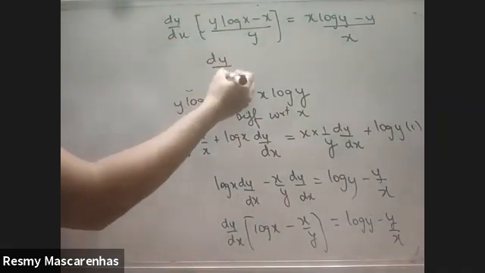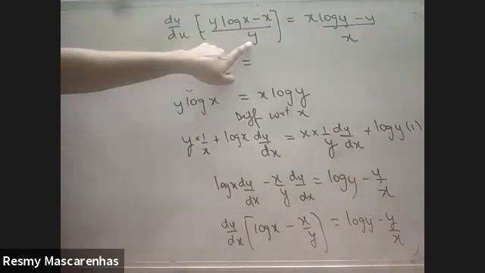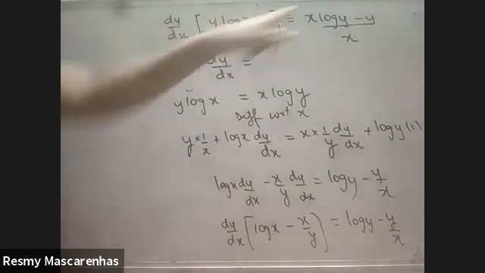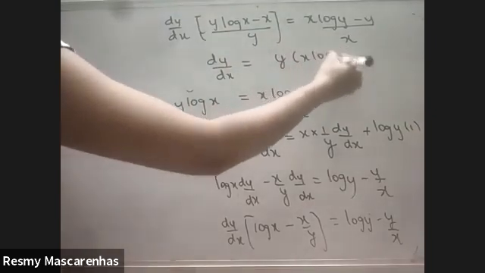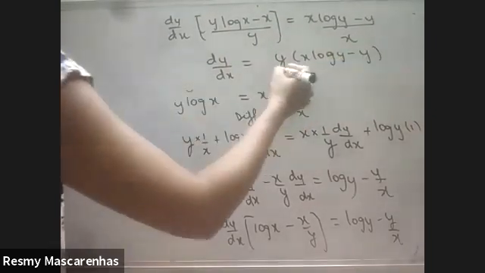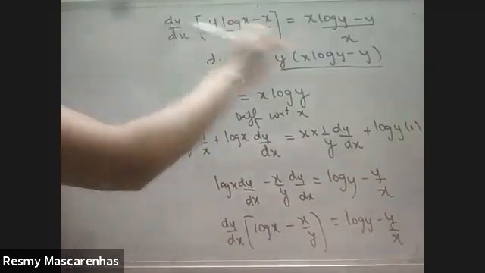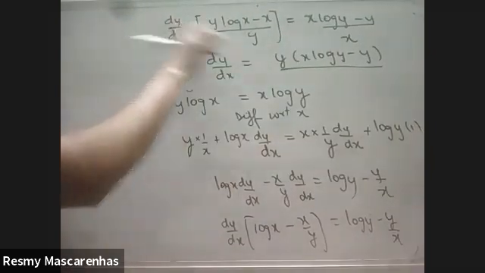So dy by dx will be, y is at the denominator here. So when you take it on the other side, it will go to the numerator. And this whole term will come to the denominator because here it is multiplication.